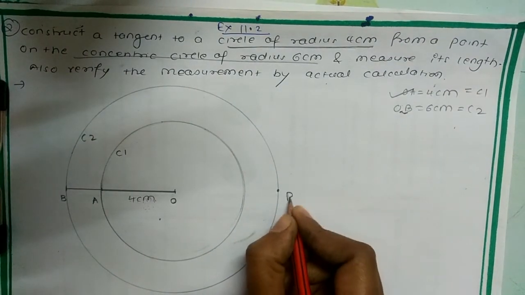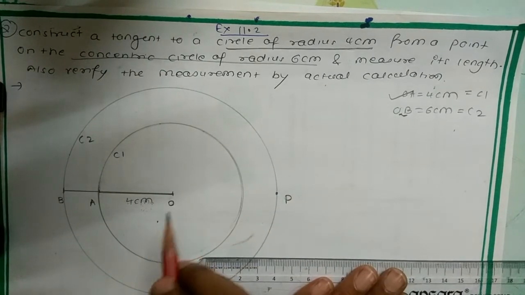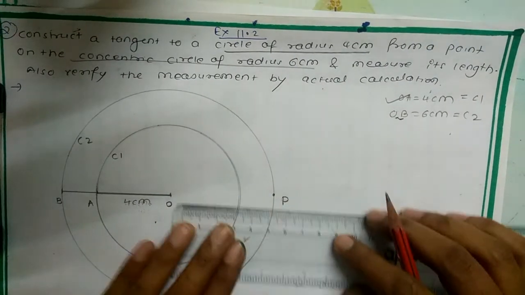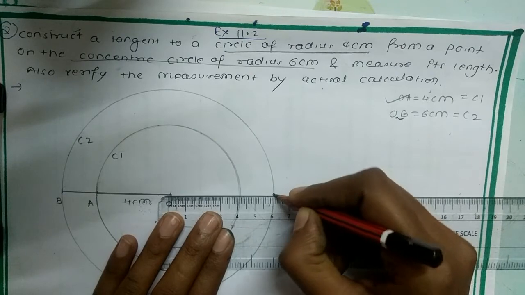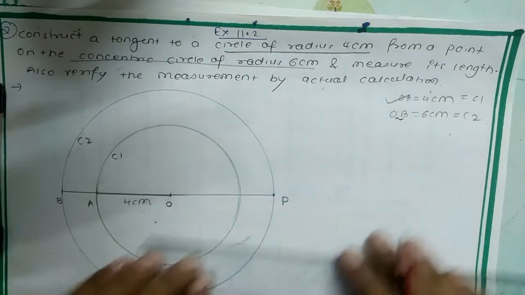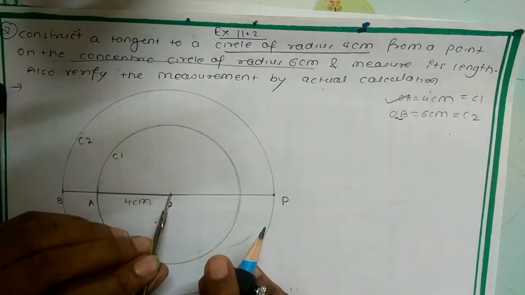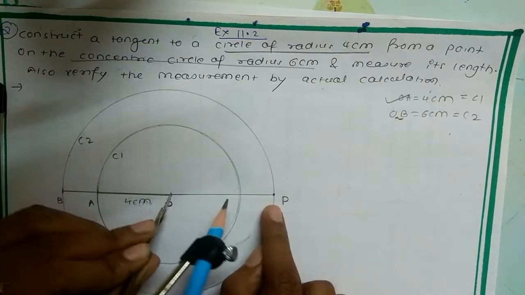I'll name this as P, and while constructing the tangent, you have to join the center and the external point. So I'll join this O and P. Anywhere you can take this P. Next step is we have to find the perpendicular bisector of OP.